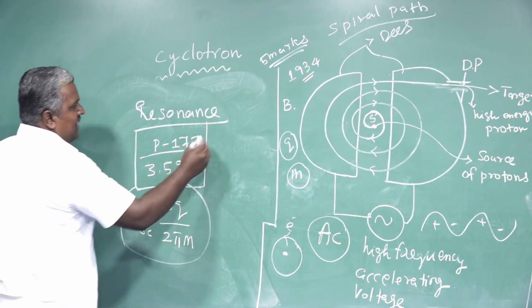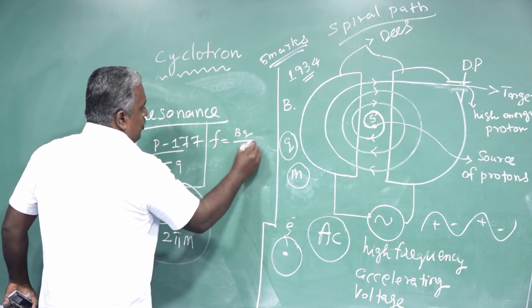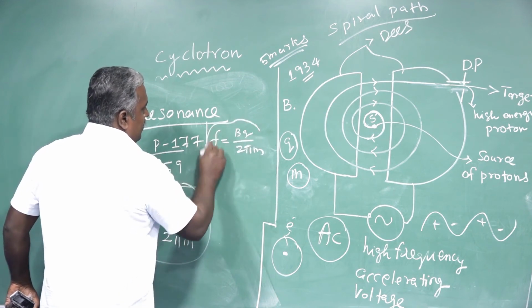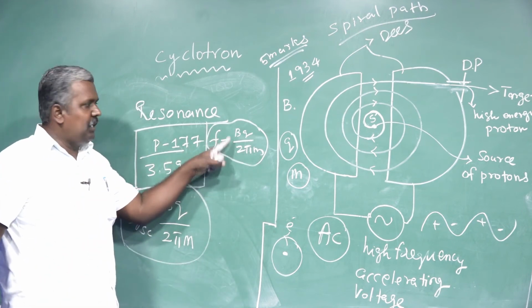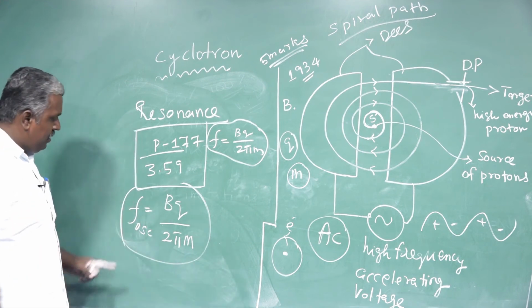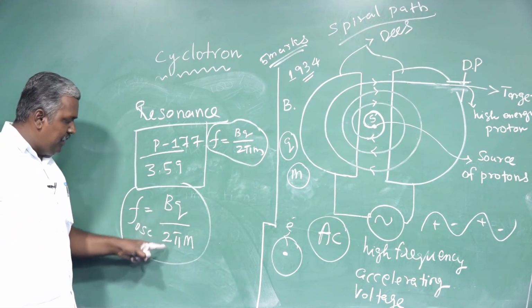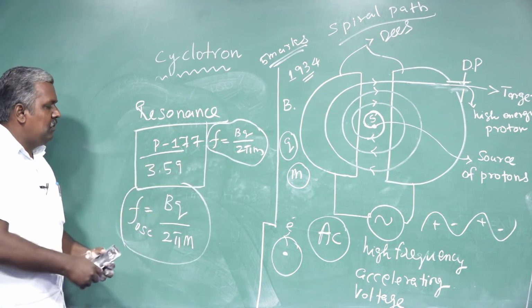So generally, the frequency of the particle is f equals Bq by 2 pi m. Just keep this formula in your mind, enough.